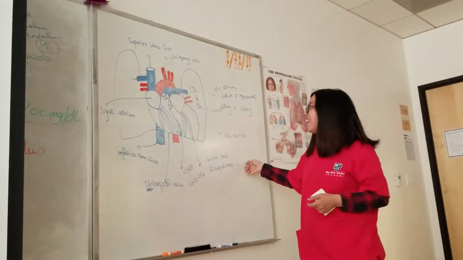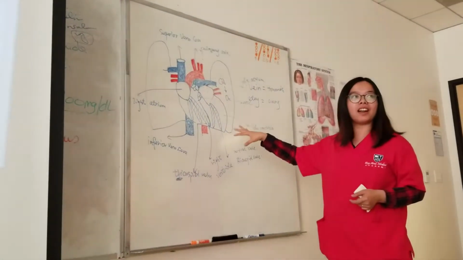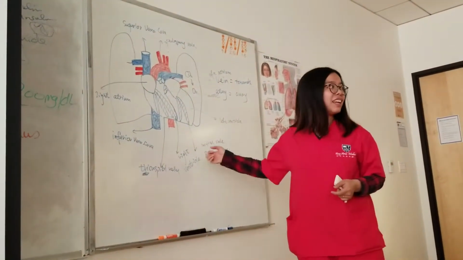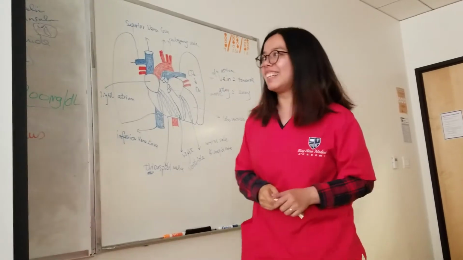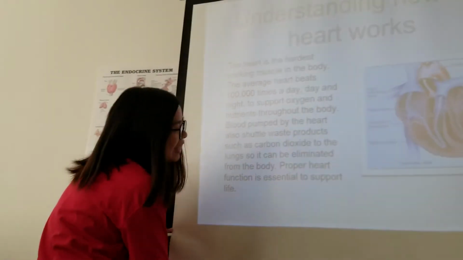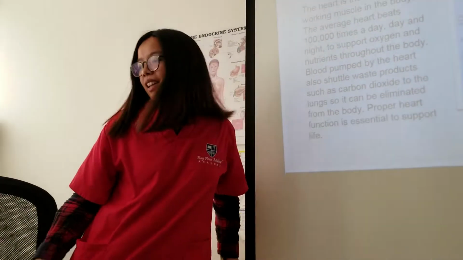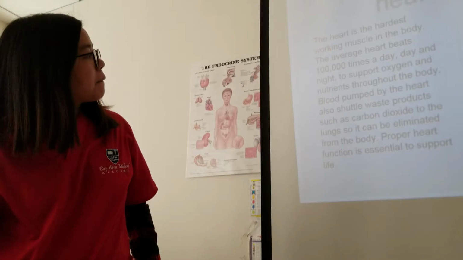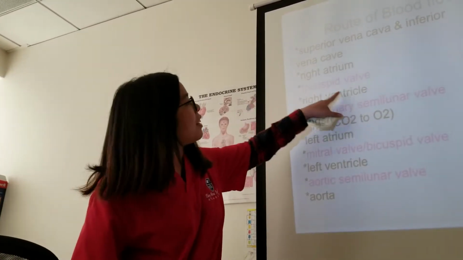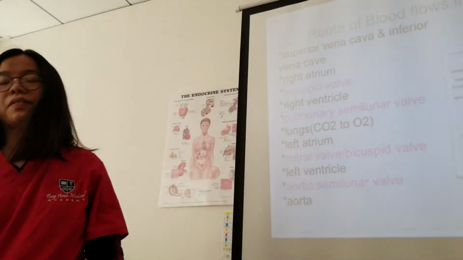Now we know how the blood goes through the 4 chambers of the heart and how the 4 valves work. Clear now? So all the blood goes through all of this.